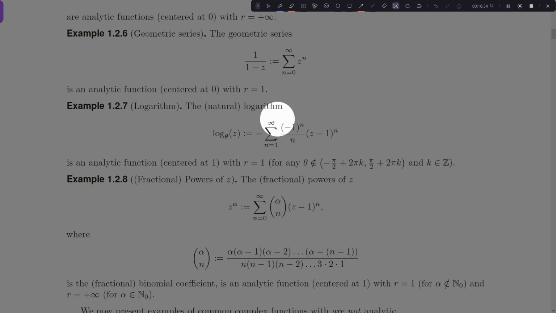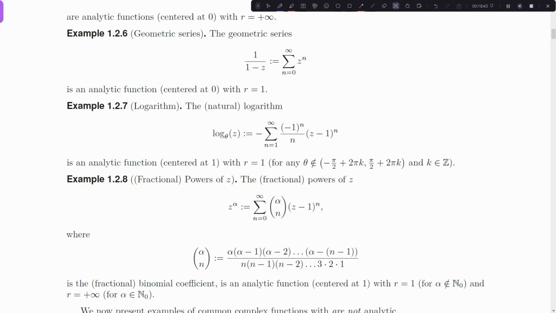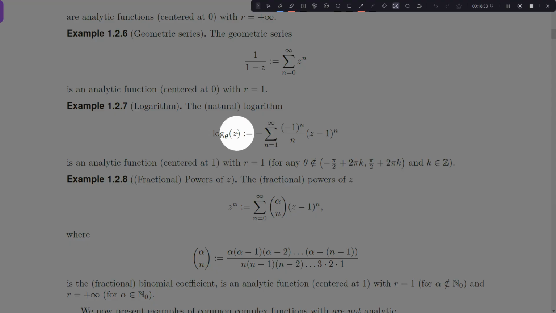This is our favorite Taylor series from Calc 2 as well, specifically the kind that are centered at 1. You can see my center right there is at 1, and that's an analytic function that only has a radius equal to 1. And the reason being that if I plugged a negative number in here, right? We don't know what the log of a negative number is here. So definitely this series probably shouldn't converge.